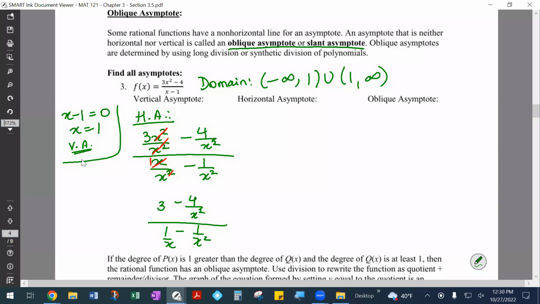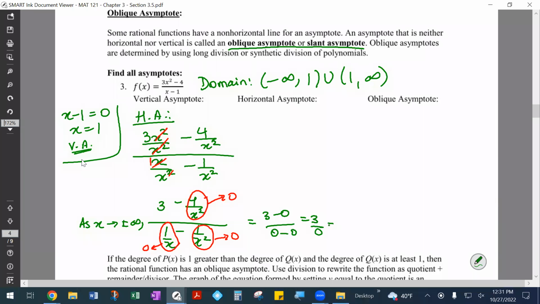So as you can see, as your x goes towards positive or negative infinity, this term goes to 0, this one goes to 0, and this one also goes to 0. So you would be left with 3 minus 0 on the top, 0 minus 0 on the bottom, which would be 3 divided by 0.